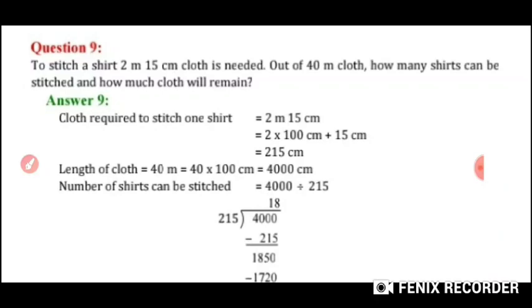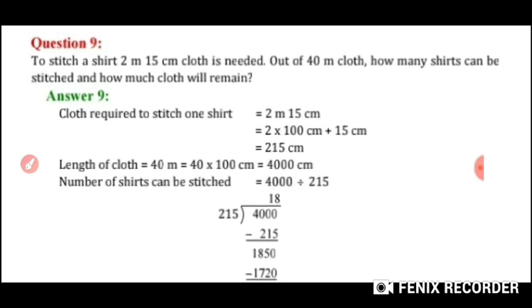Now example 9. For a t-shirt, 2 meter 15 centimeter of cloth is needed. Out of 40 meter of cloth, how many shirts can be stitched and how much cloth will remain? Total is 40 meter.